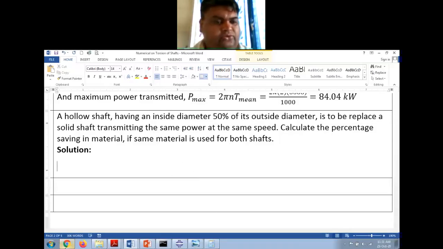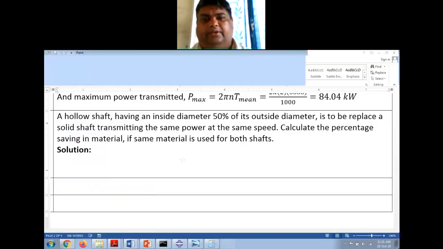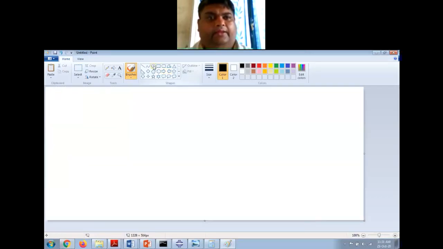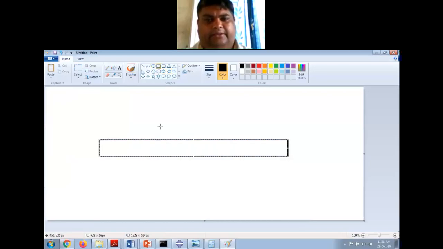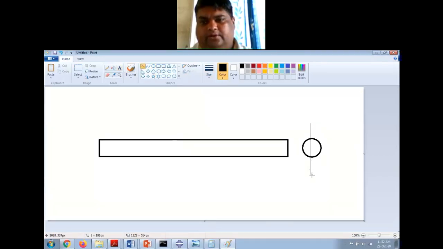I'll try to show this with an example. Let us say this is my shaft, and when you view from the end, it will look like this, right? Now let me take a center line of the shaft like this.